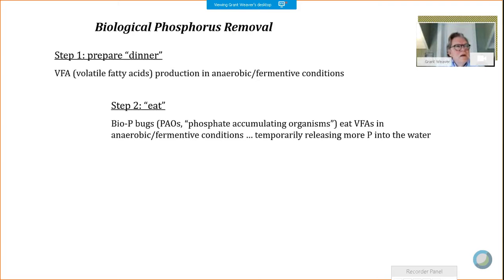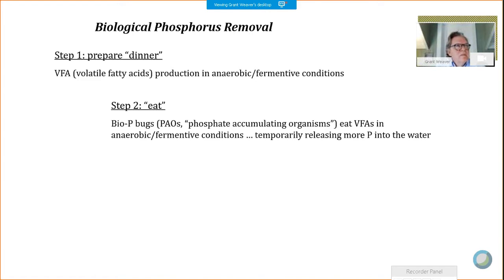But the first two steps both occur in low or no oxygen environments, fermentive anaerobic conditions. ORPs, I like to see them minus 200 or more negative, minus 225, minus 250, minus 350. And in those conditions, we'll have septic conditions that create the food, the volatile fatty acids, and we've got to bring the bacteria, some of the mixed liquor, into those conditions.